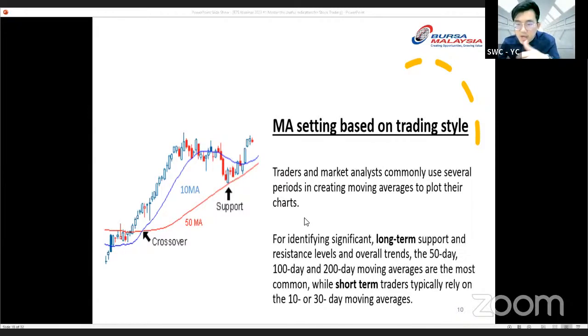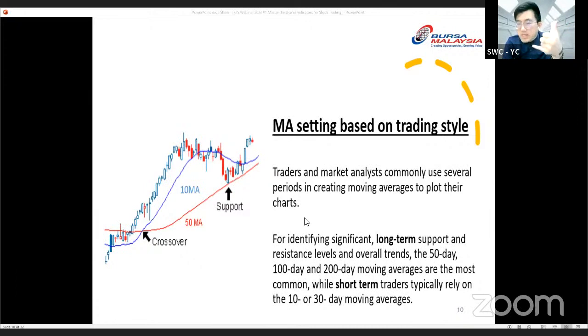So basically they will use half a year with 1 year as the MA setup for the long term. But for me, I will be more focusing on the short-term one. If you are a long-term investor and you want to confirm the trend of a stock on a long-term basis, you can choose MA 120, 240, or you can mix with the mid-term one.